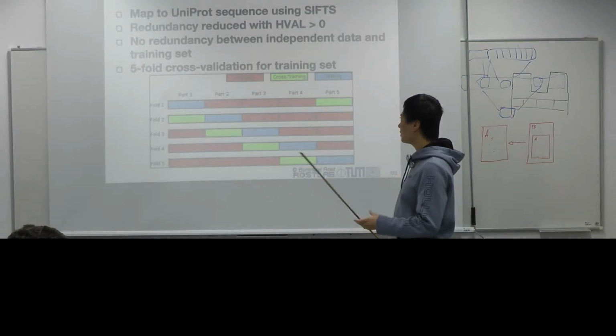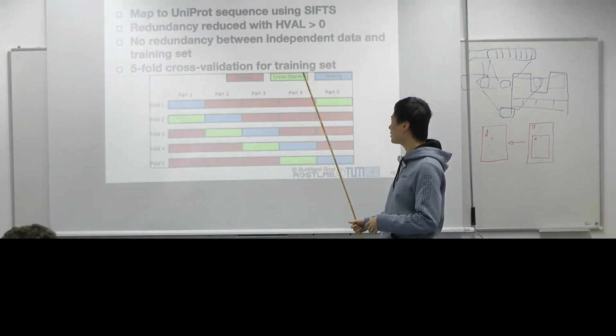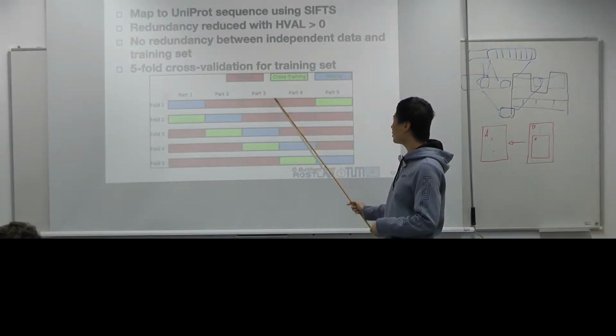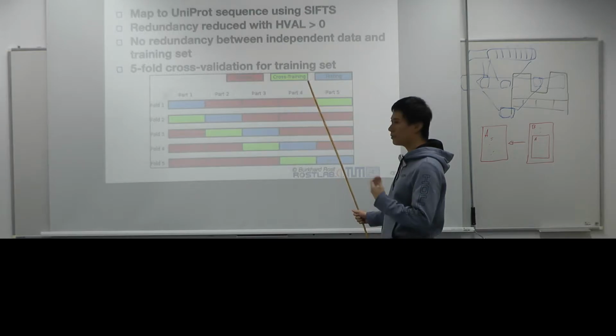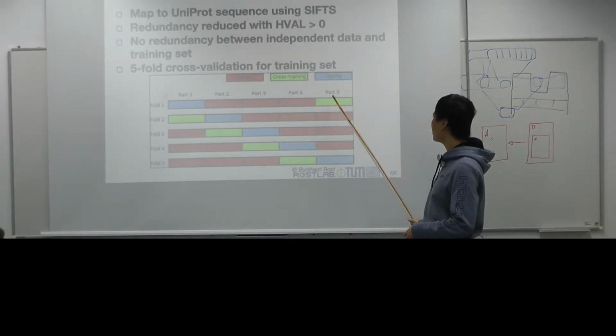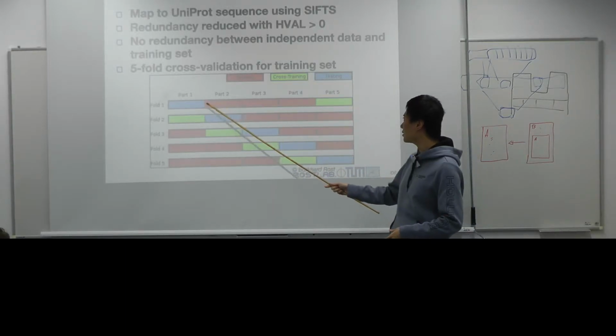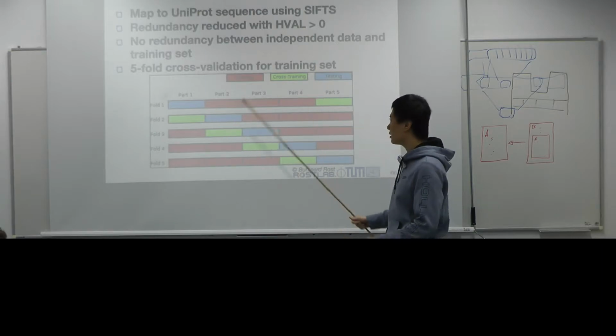And then I use 5-fold cross-validation for the training set. So basically I split the training set into 5 parts. Every time I train the model on the red one, the training part, and optimize the hyperparameters on the cross-validation part, the green one, and finally I evaluate the performance on the blue one, the test part, and I do it in 5 iterations.